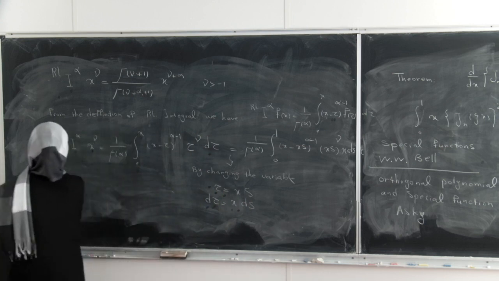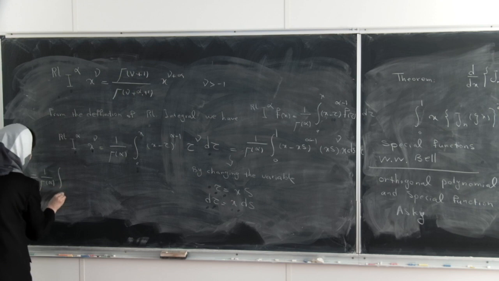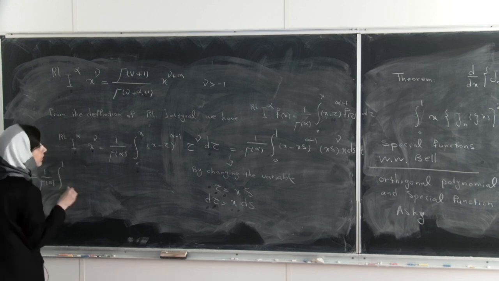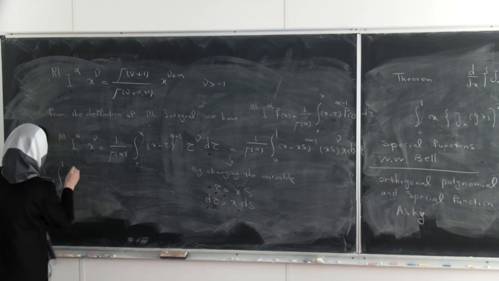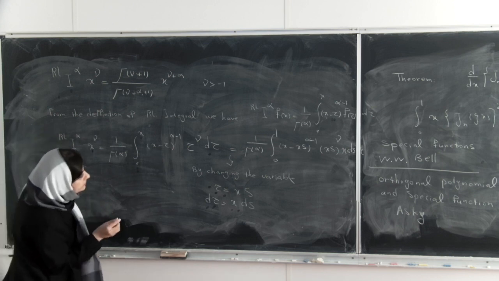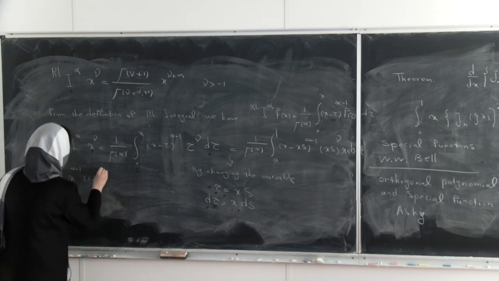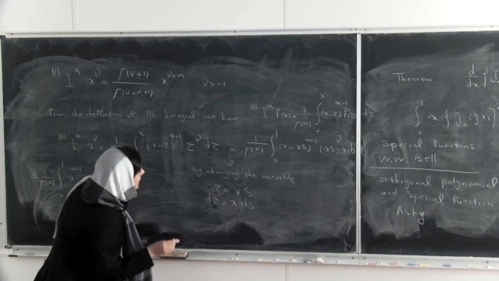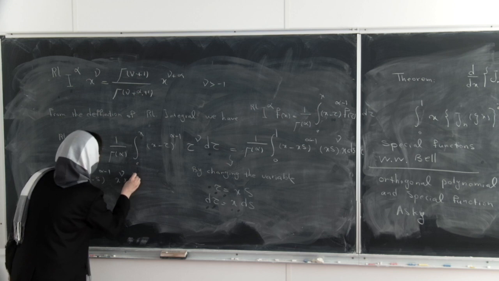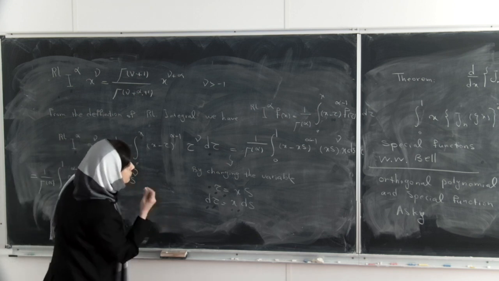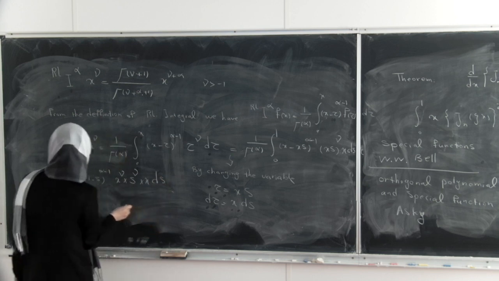So we have 1 divided by gamma alpha, integral 0 to 1. We can write x to the alpha minus 1, (1 minus s) to the alpha minus 1, and x to the nu times s to the nu, times x ds.